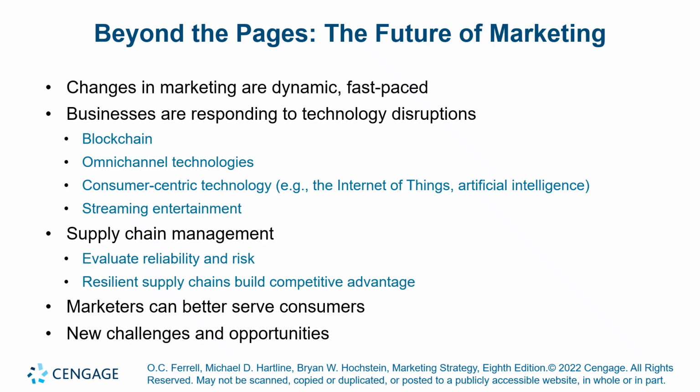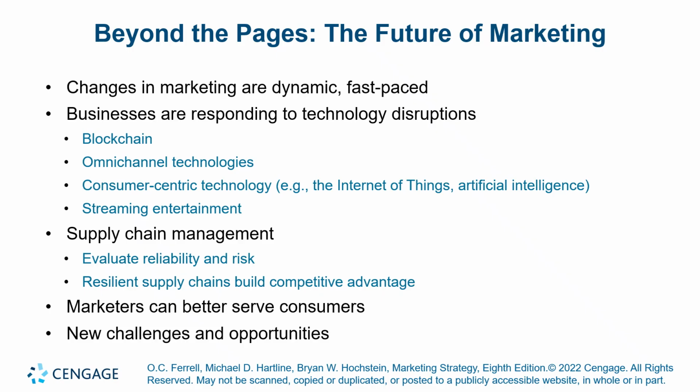Businesses are responding to technology disruptions. Businesses are the first ones to respond. For example, blockchain. You are probably all familiar with Bitcoin and those digital currencies, and the technology backbone of those digital currencies is blockchain technology, which is being used in marketing.